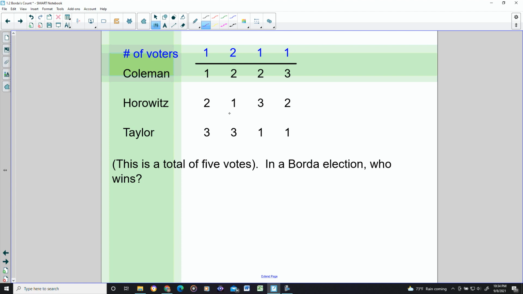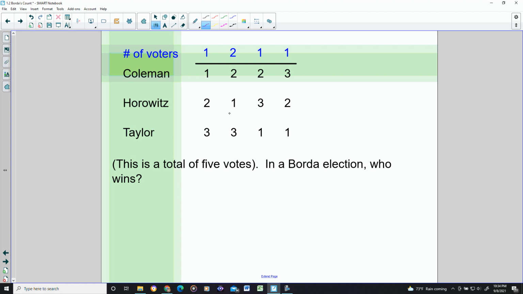So remember what I said before, the default way that we're going to do this, because it's the easiest, is we are going to simply add up all the different place values. And when we do that, the lowest score is going to be the one that wins the election, because it will represent the lowest average voted place. So let's add it up.